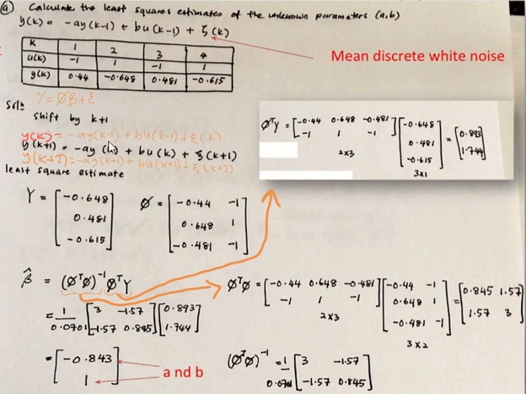From this equation, we can see that it only involves k minus 1 and k, so we need two sequential values of k. Since we have 4 values of k, we have 3 sequences: 1 and 2, 2 and 3, and also 3 and 4.